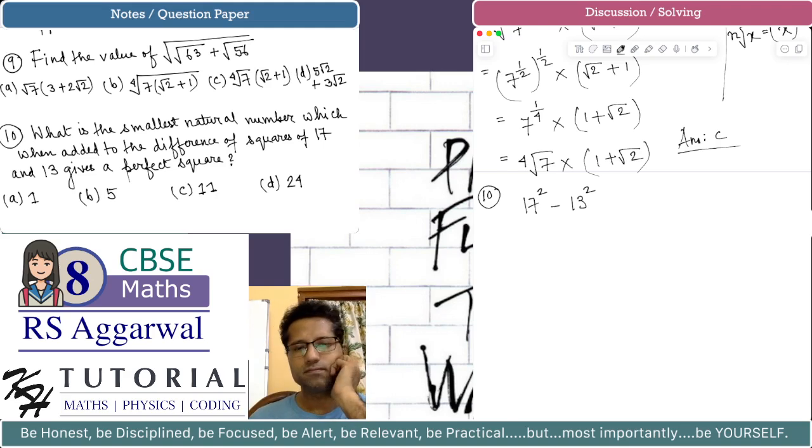Now we know that given a number, what is the smallest number which when added to it makes a perfect square? We can find the square root using the long division method, and whatever the quotient is, that quotient plus 1 whole square minus the given number should be the smallest number that should be added to the given number to make it a perfect square.